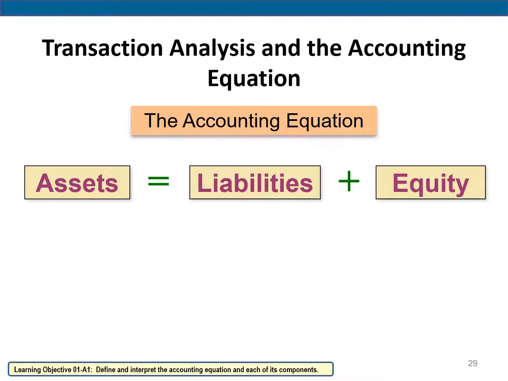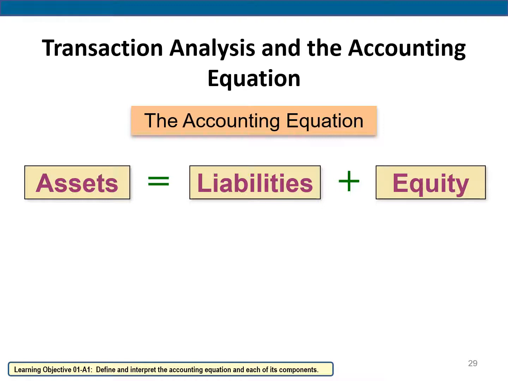So liabilities is the term that we assign to what a company owes to its non-owners in future payments, products, or services. And then equity is also called owner's equity or capital, and it refers to the claims of the owners.